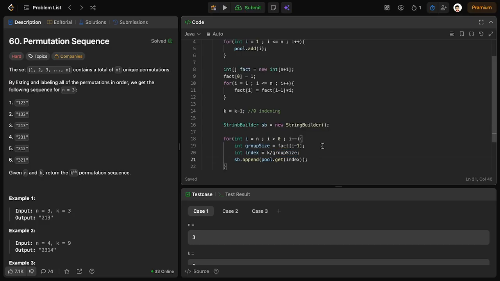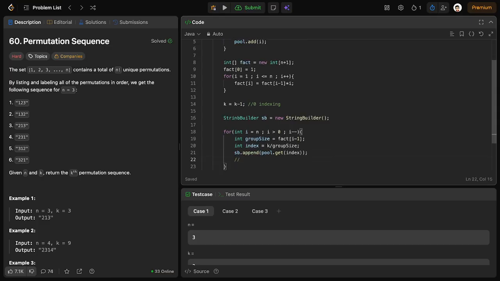So let's say my pool for n is equal to 3 was 1 2 3. For n is equal to 3, what was k? My k was given as 2, because it was 3, then we boiled it down to 2. So my k was 2, divided by group size 2. My index became 1. So that means we took this, right? That is what is happening here.